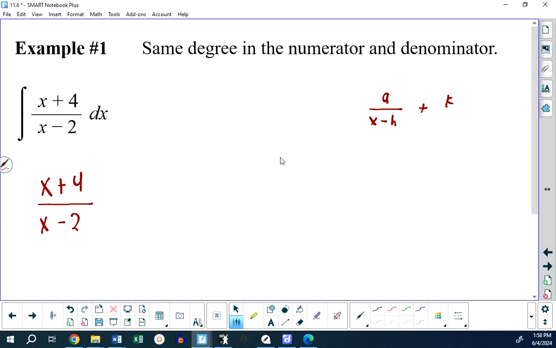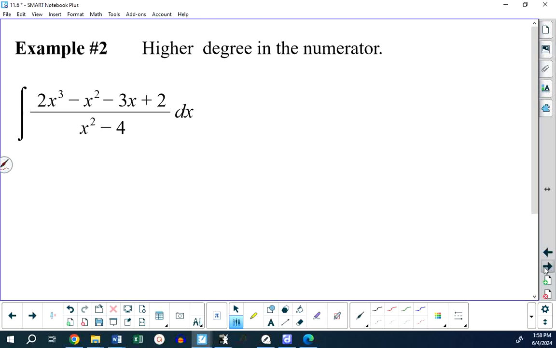And we're going to do it using synthetic division, and then I'm going to show you how to do it using long division, because when we do what we're about to do with this one, and we do it with this one, you can't do synthetic division here, because the denominator is not x minus a. So you need to know how to do long division.